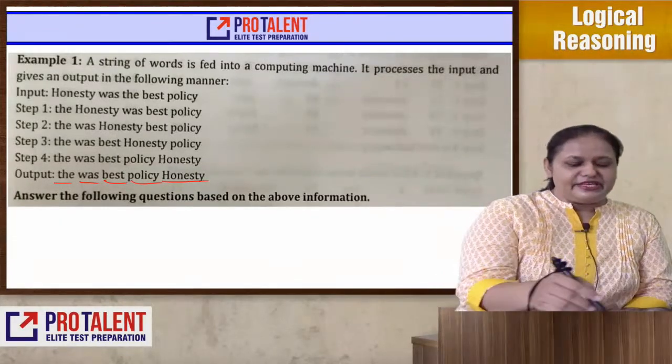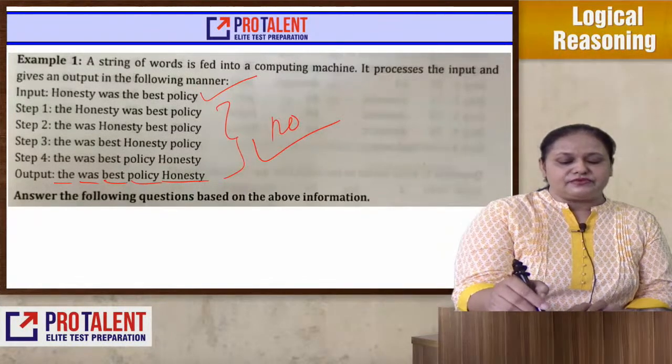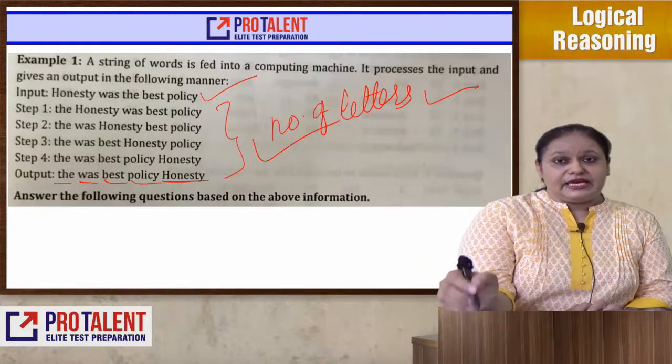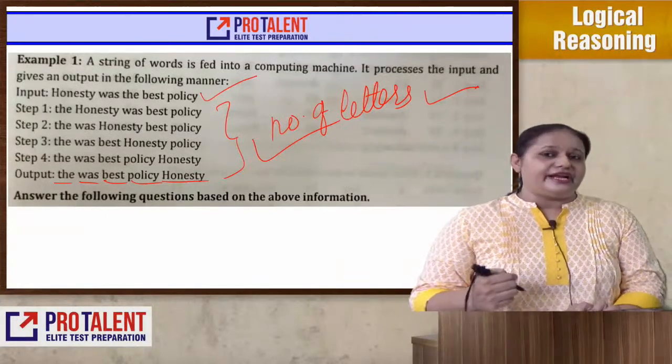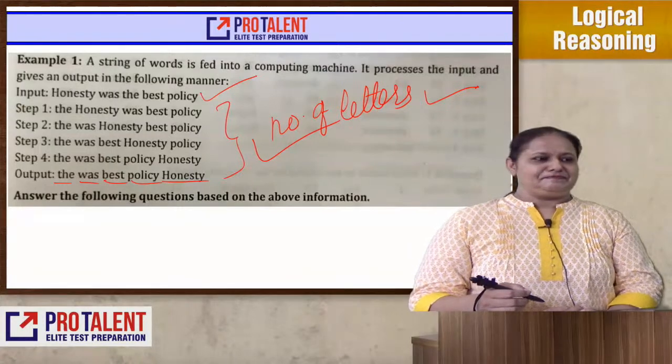If you have been given this input, the number of letters logic that you are saying is correct. Can there be some other logic through which I could have arranged the same string input? Share with me the logics.